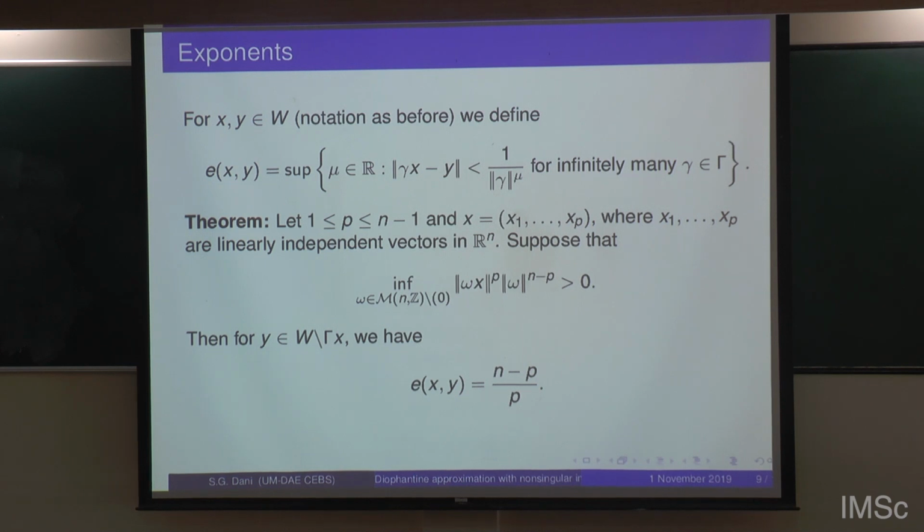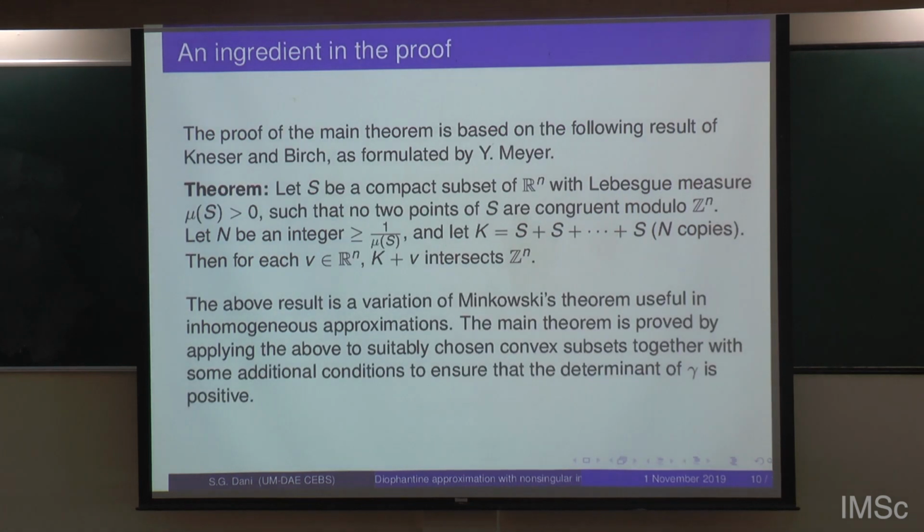Okay, so this incorporates the condition here; I don't have to say separately to take x to be not projectively very well approximable, etc. Now I want to say something about one of the important ingredients in the proof of this result. It involves the following result of Kneser and Birch, and we use the formulation as given by Meyer.